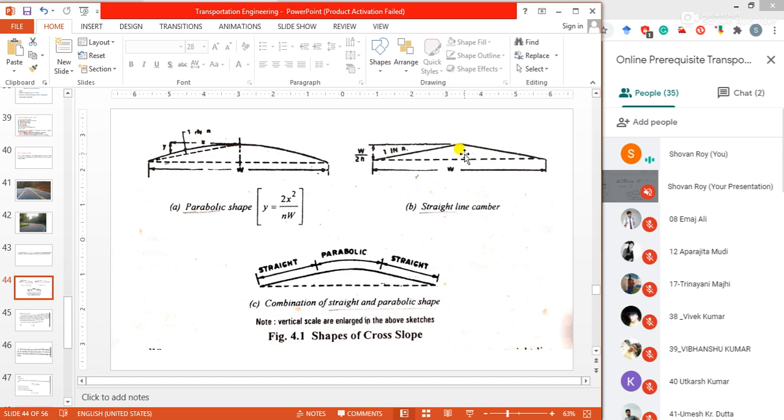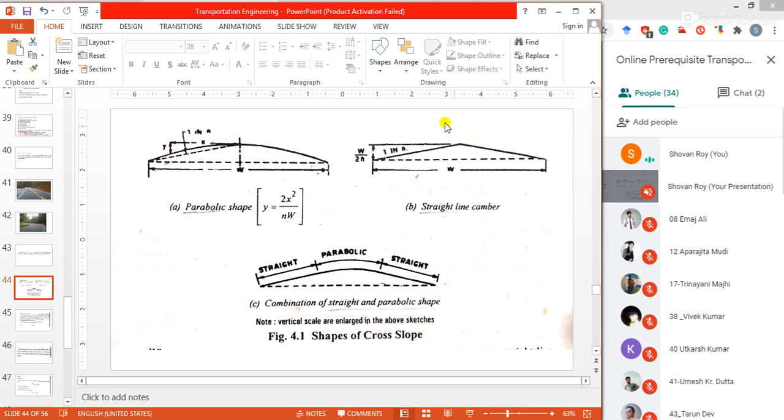Then what should be the height of this crown, the height at the middle section of the road? W is 3.8 by 2 into, instead of n I can write 20 because my slope is 1 in 20. So 3.8 by 2 into 1 by 20, that is in meters. That is my height at the midsection or crown of my camber, the raising portion, the vertical elevation of my camber.